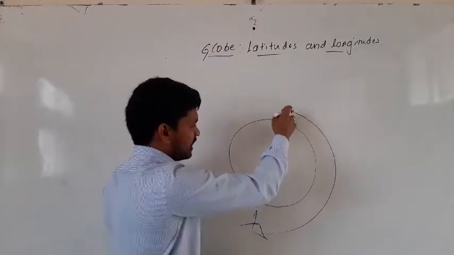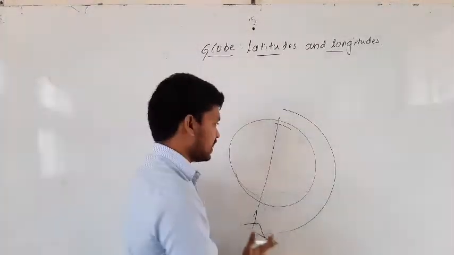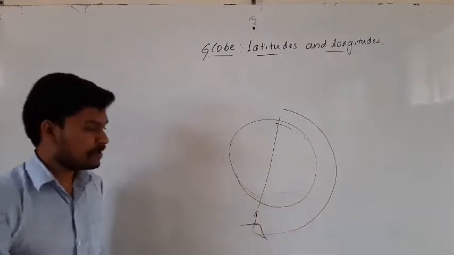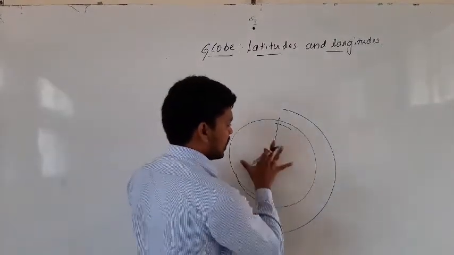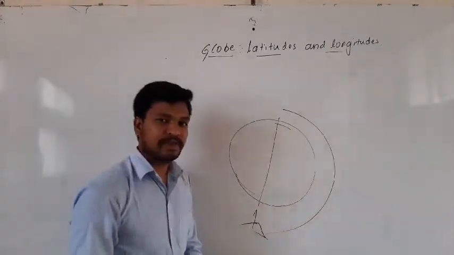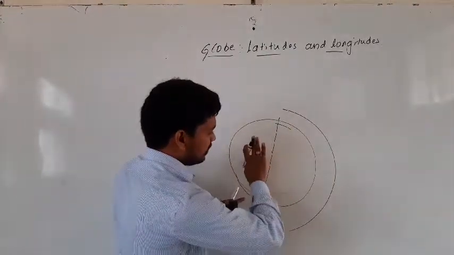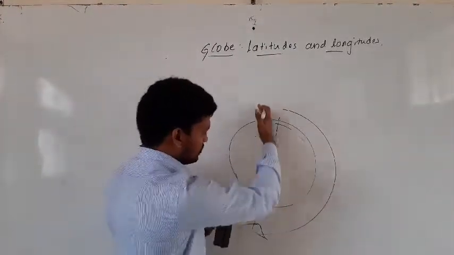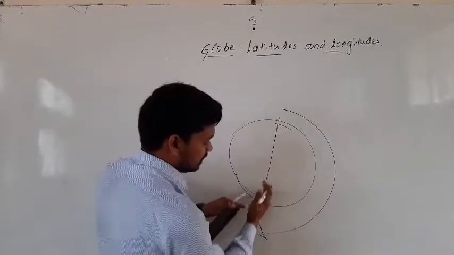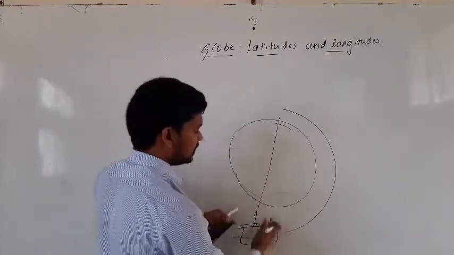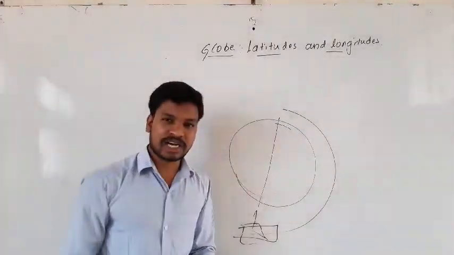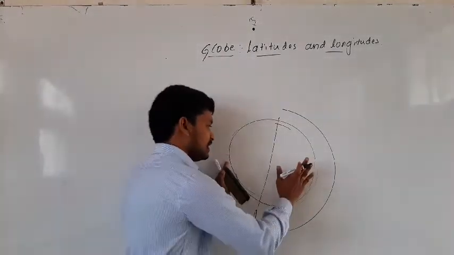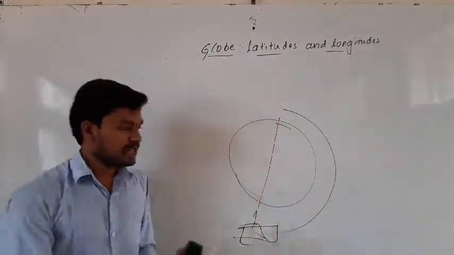So here it's a needle, one long needle which makes the Earth rotate. It is fixed in a tilted manner, not straight. Why? Because our Earth is positioned exactly like this in the solar system; it's tilted.